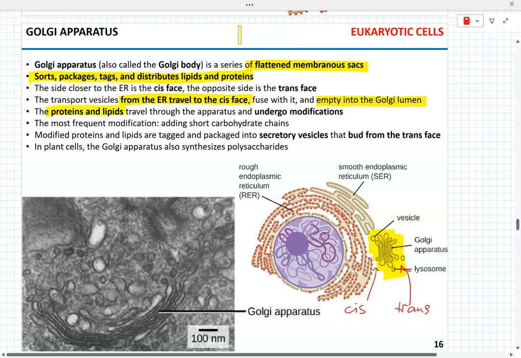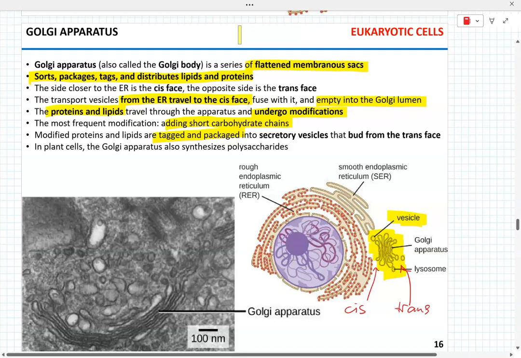Proteins and lipids that were delivered by those vesicles travel through the Golgi body or Golgi apparatus and undergo various modifications. These modifications include, but aren't limited to, addition of short carbohydrate chains, phosphorylation, addition of a sulfhydryl group, maybe a hydroxyl group. Then these modified proteins and lipids receive a tag and are packaged into special secretory vesicles.